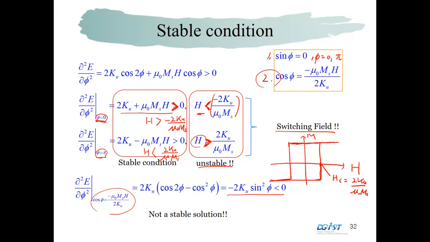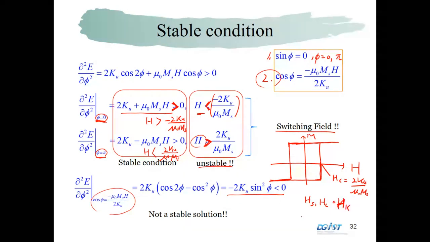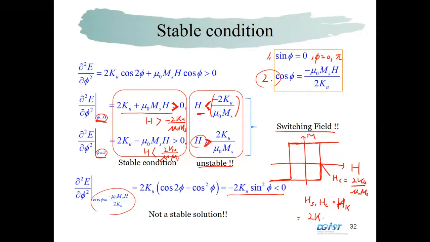So in this calculation, we obtain the switching field, or coercive field, or we call it the anisotropy field, which is 2Ku over mu0 Ms. That is a very important relation, and we use this anisotropy field many times.